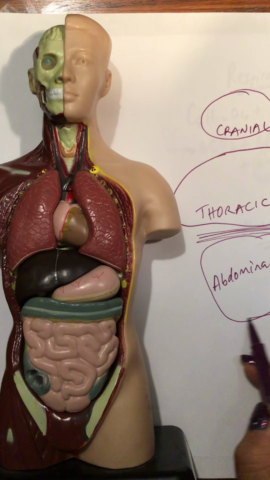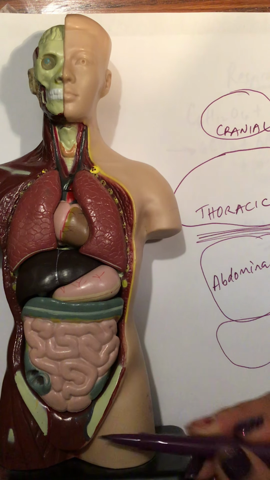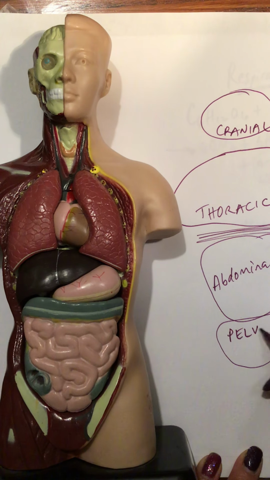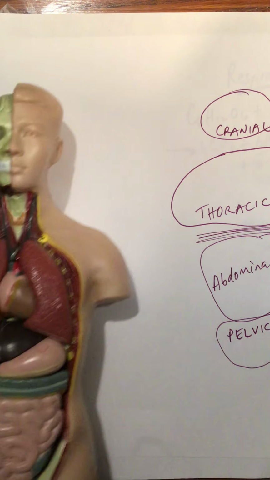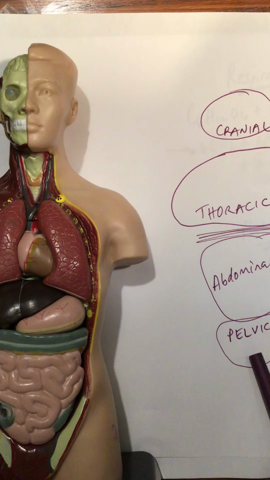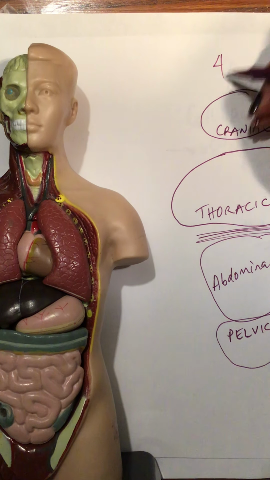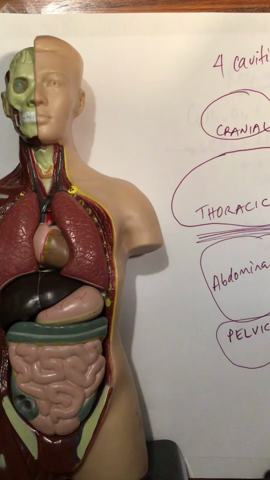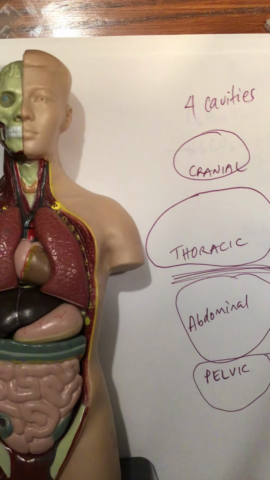And then you have the pelvic cavity, which contains your reproductive organs. So these are the four cavities in the body in terms of the anatomy.